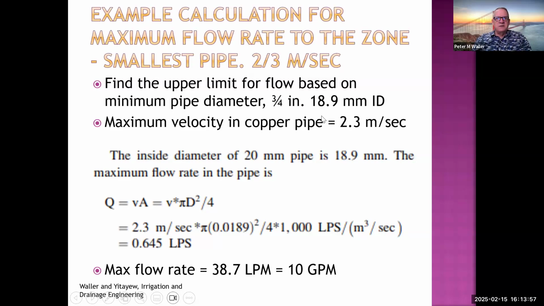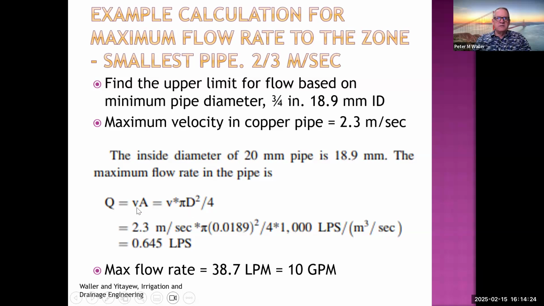So here's an example calculation for the maximum flow rate to the zone, and we're going to do it for the 3/4 inch pipe. The goal is, this says 2/3 meters per second, but we don't want more than 2.3 meters per second. So what flow can we handle through the 3/4 inch pipe, the 18.9 millimeter?